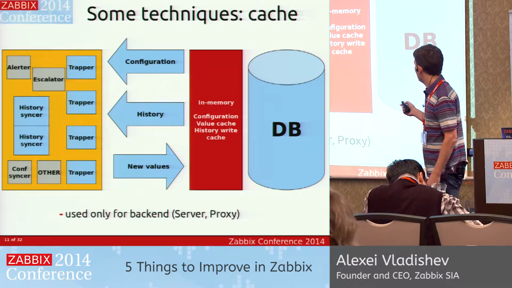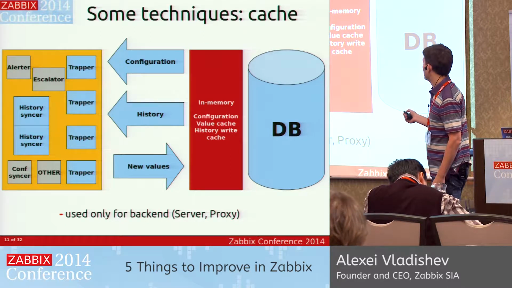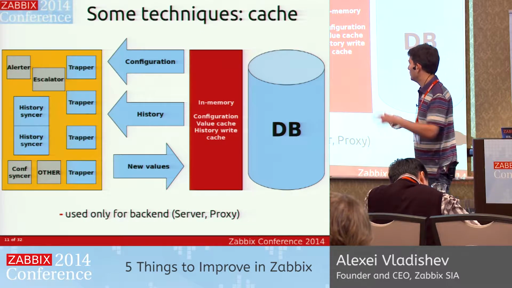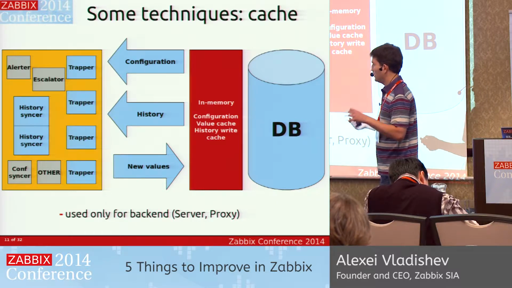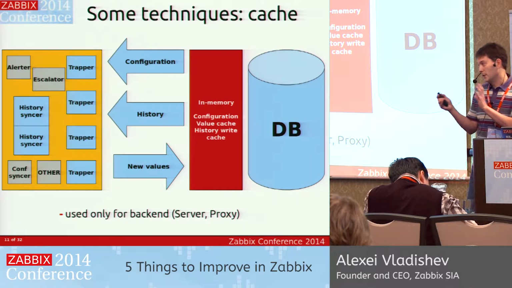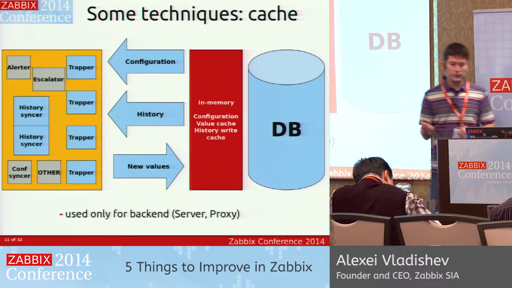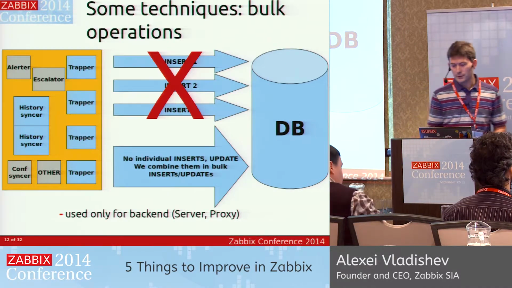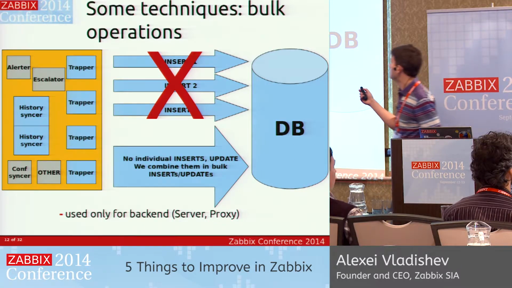And also, we have a so-called history write cache. So we don't write directly to the database. We try to do some kind of bulk operation first. And this is the second technique, bulk operations.